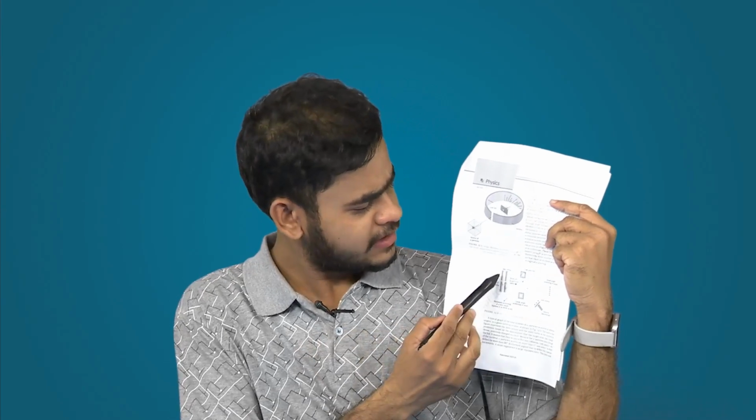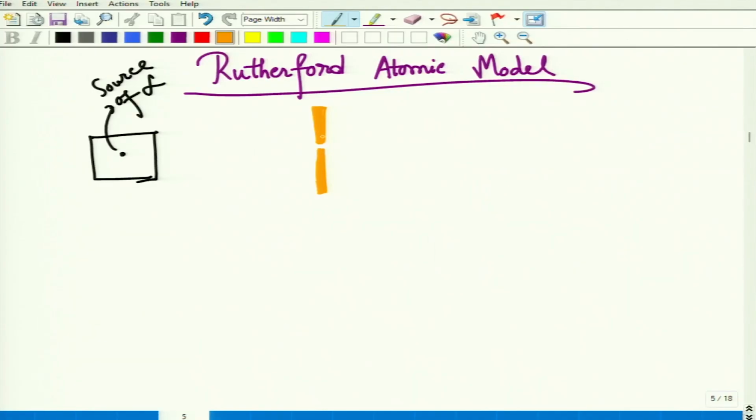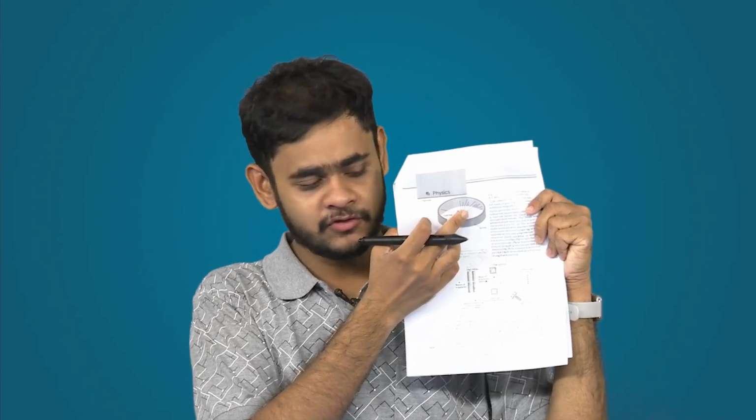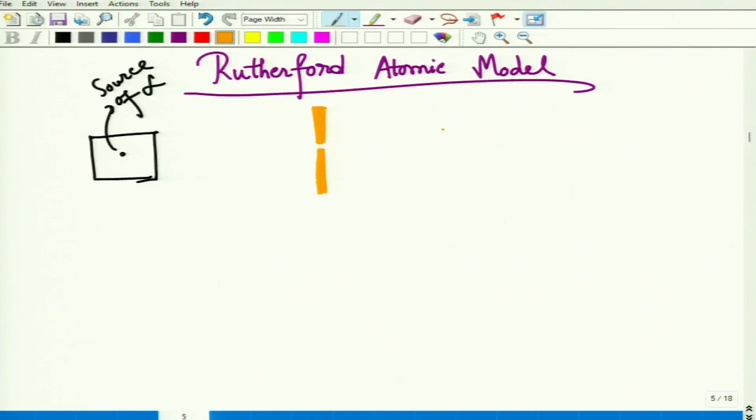This is the setup, this is the source of alpha particles. It's difficult to draw. These are lead bricks like this, and after that there is a gold plate, a very thin gold foil like this. So this is a very thin gold foil.